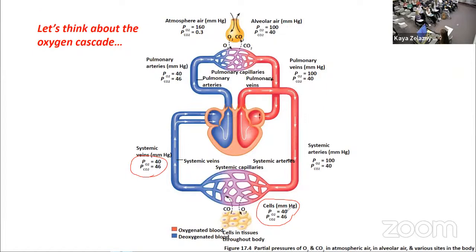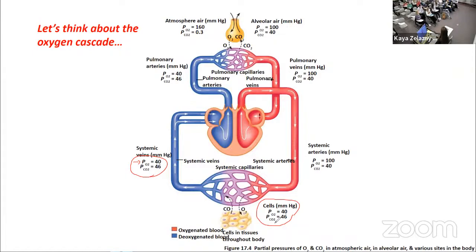So as we pass those cells, pass that partial pressure of oxygen of 40, because they're using that oxygen, they have that lower amount of oxygen, pulling oxygen into that tissue until it reaches equilibrium. So then the blood returning to the heart, you've taken oxygen out until you matched that 40 value. So partial pressure of oxygen in your systemic veins is 40.